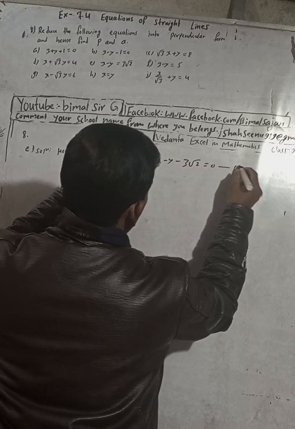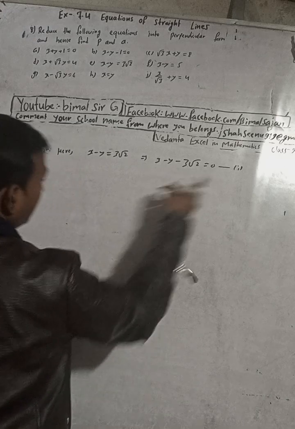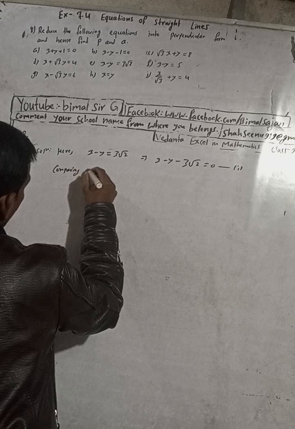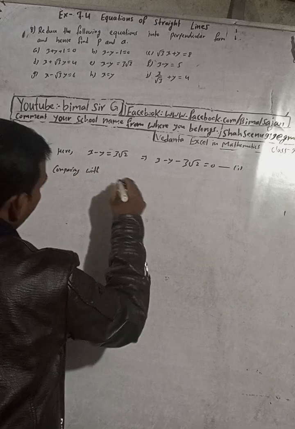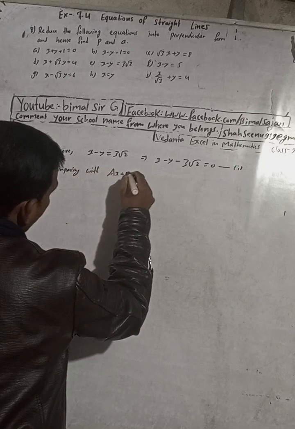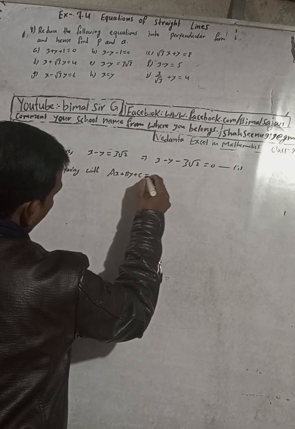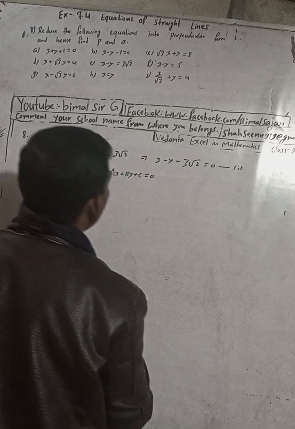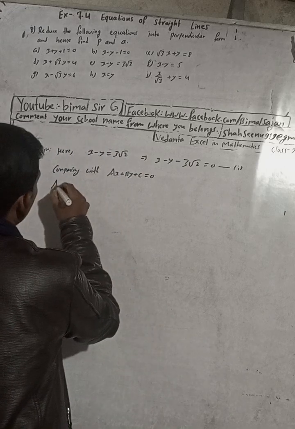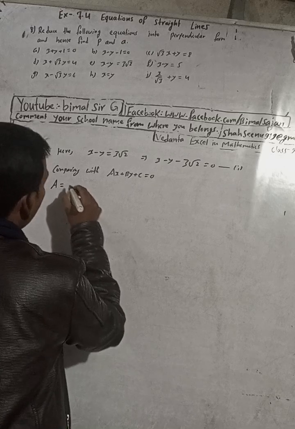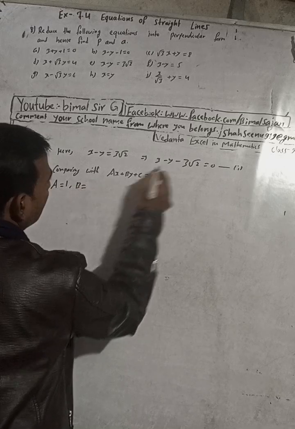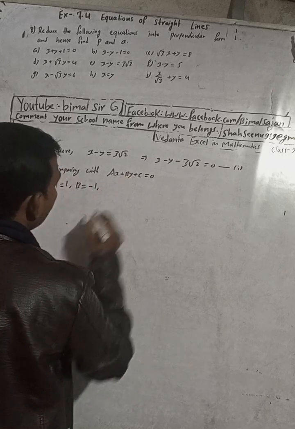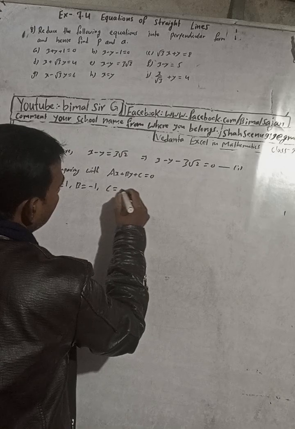This is our equation 1. Now comparing with ax plus by plus c is equal to 0, we get a is equal to 1, b is equal to minus 1 and c is equal to minus 3 root 2.